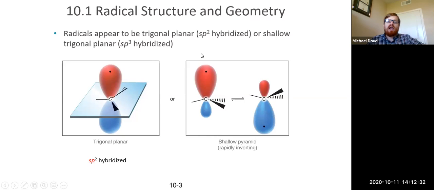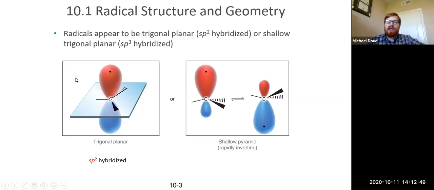Now, radicals can do either of these depending on the scenario they find themselves in, basically the position they're in. As we're about to find out, some radicals have resonance, and in order for them to be in resonance, forming a new pi bond, you have to have pi overlap.